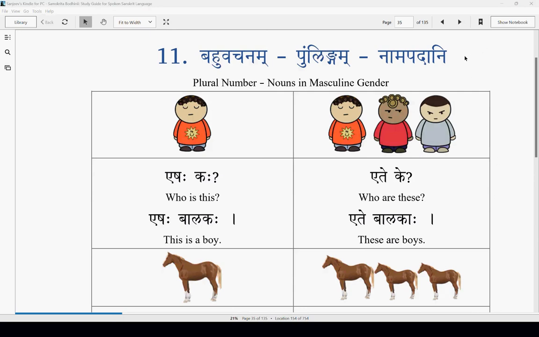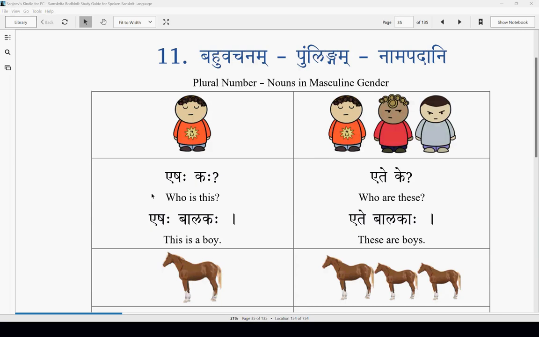So bahuvachana pullingam namapadani, there are some sentences here. Previously we looked at singular. एषः कः, एषः बालकः. If we convert that to plural, when there are more than two boys, then we have ete ke.